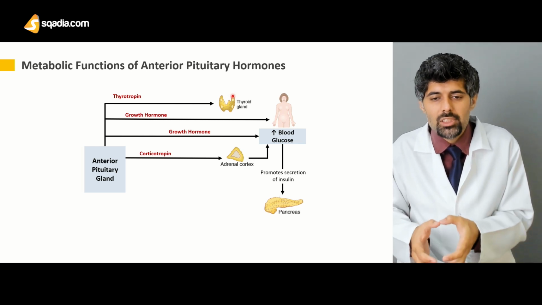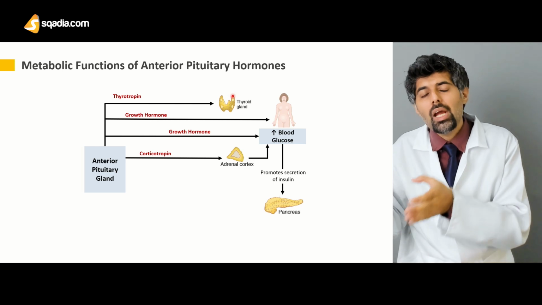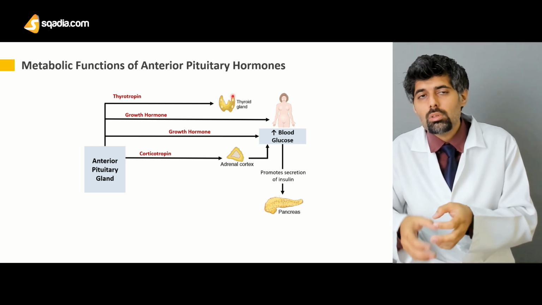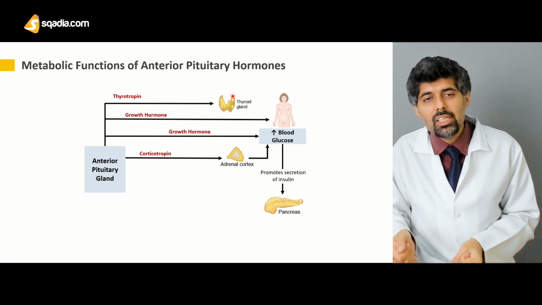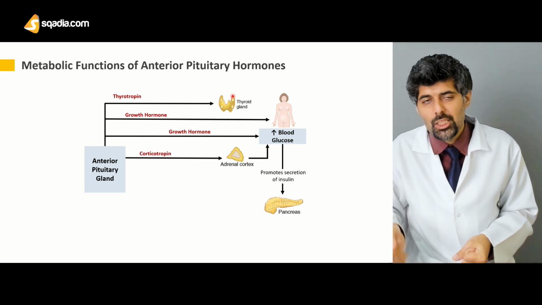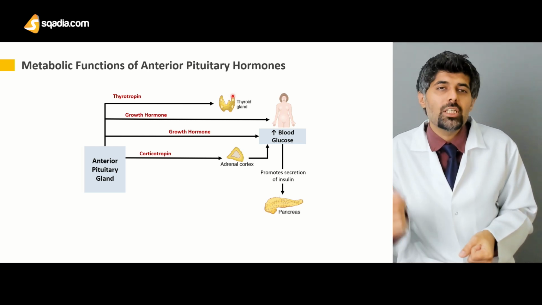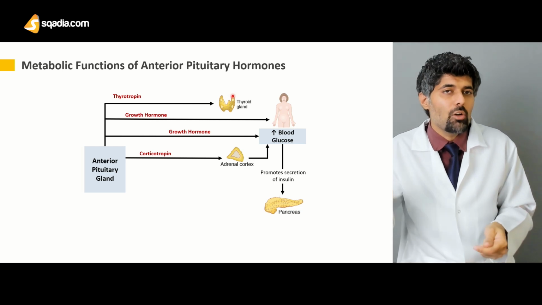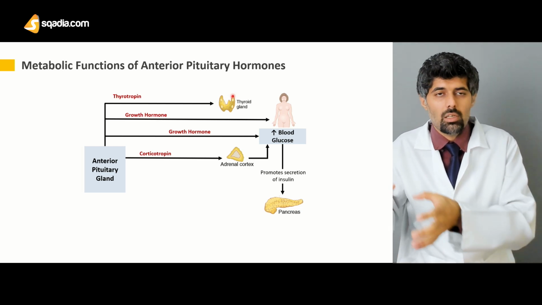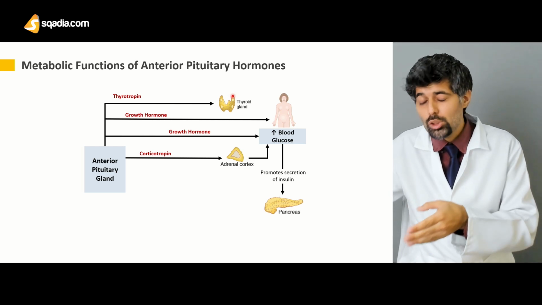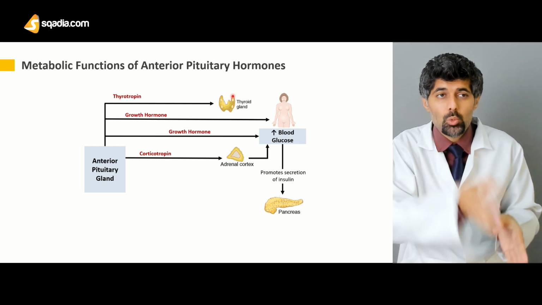Because of this, growth hormone and cortisol both promote an increase in the secretion of insulin. Why? Because insulin is a peptide which promotes the entry of glucose from the blood into the cells.